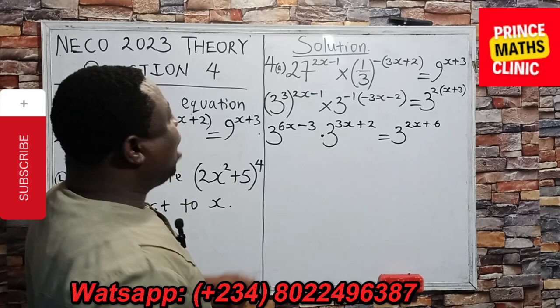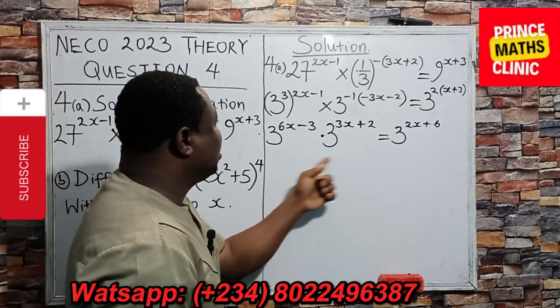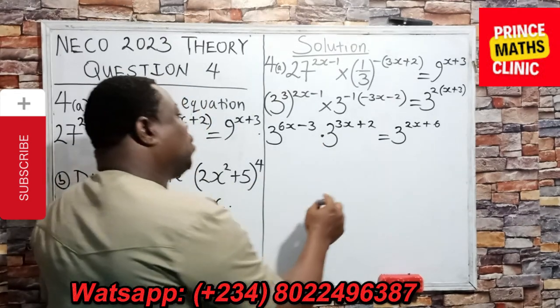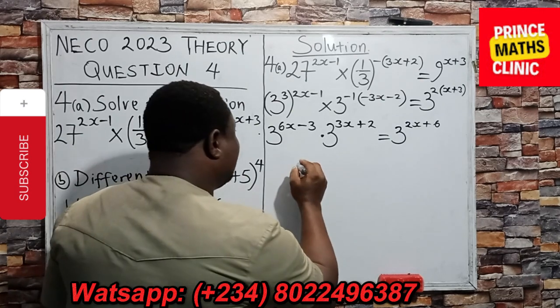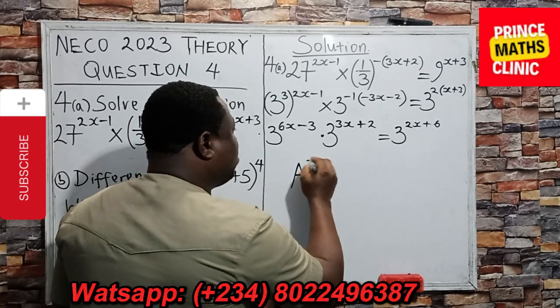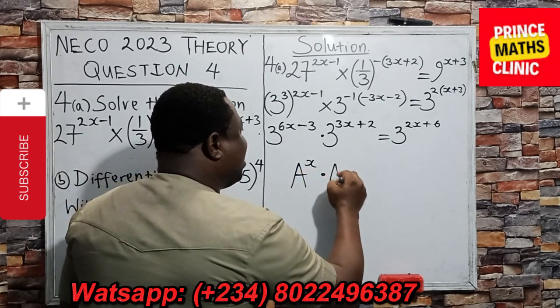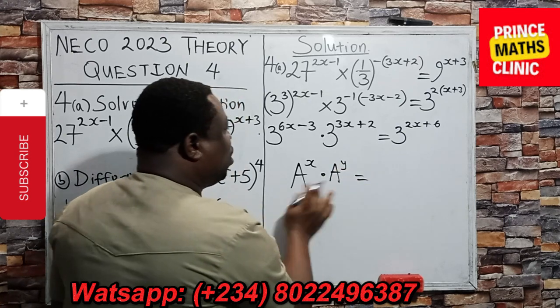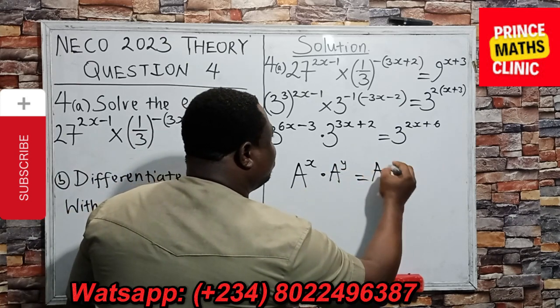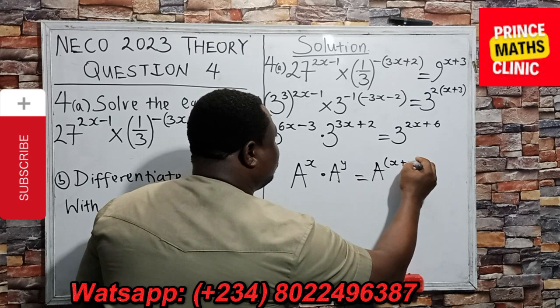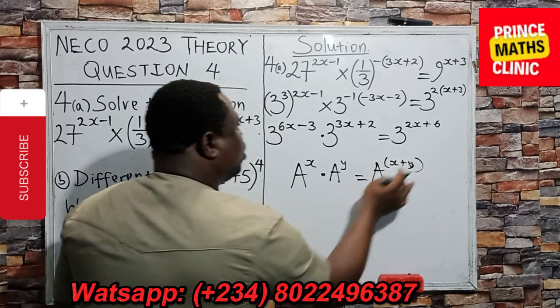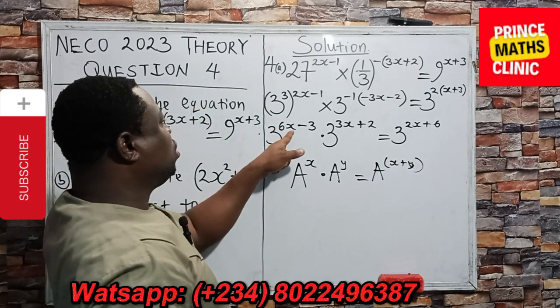Now you see under multiplication, the bases are the same. You use the rule I just mentioned: when you have a to the power of x multiplied by a to the power of y, as long as the bases are the same, you add up the powers. This becomes a to the power of x plus y. So I'm going to do the same here.